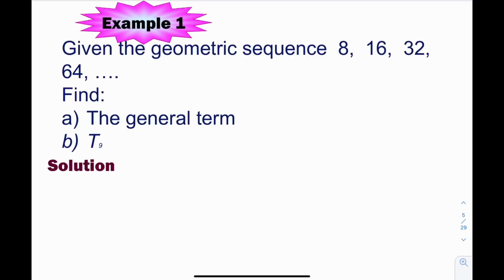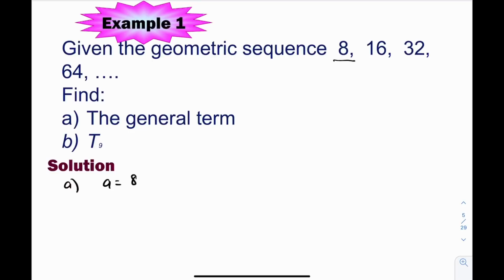Given the geometric sequence 8, 16, 32, 64, and so on. Find A, the general term, and B, find T9. From the given sequence, we know that a, the first term, equals 8.